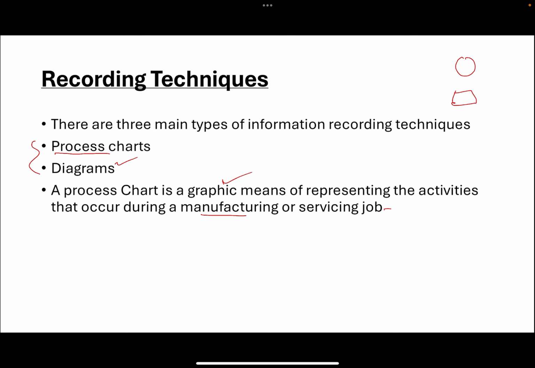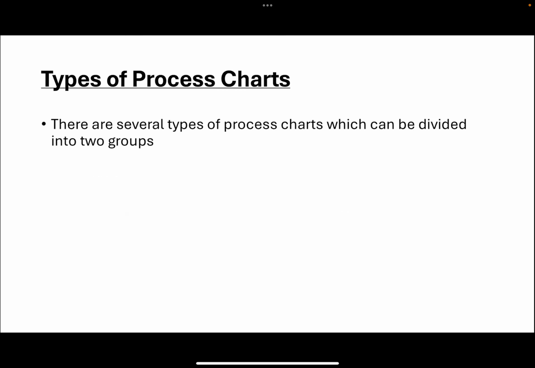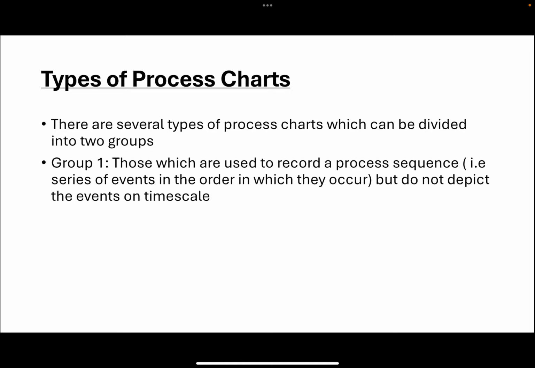Okay, so let us discuss the types of process charts. There are several types of process charts which can be divided into two groups. The first one is group 1: those which are used to record a process sequence. There is a series of events in the order in which they occur, but they do not depict the events on a time scale.